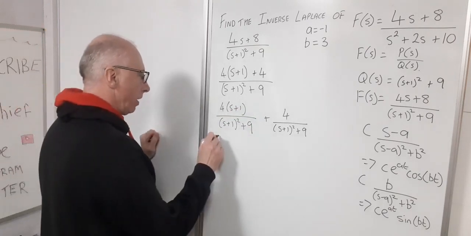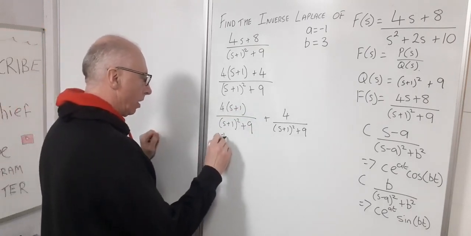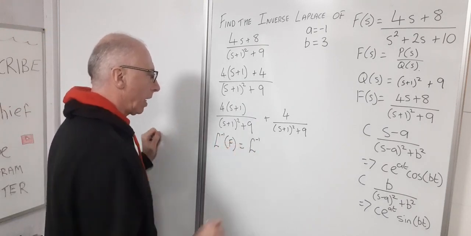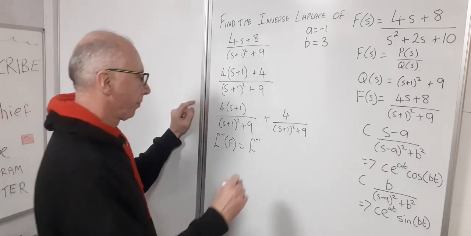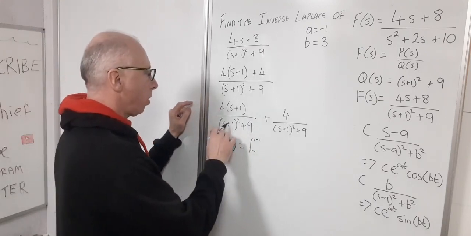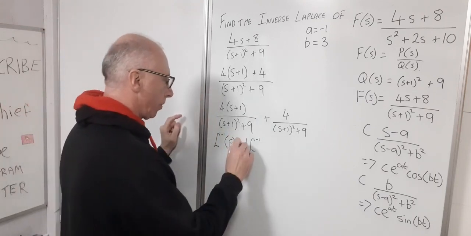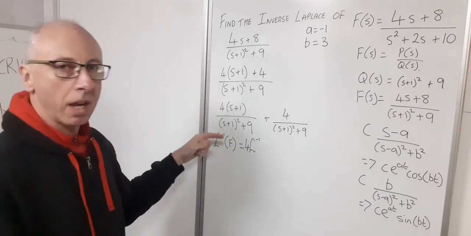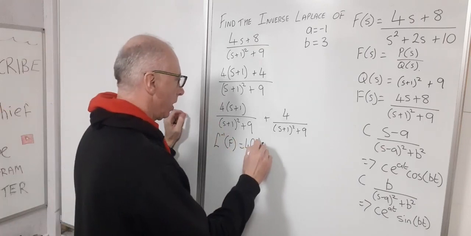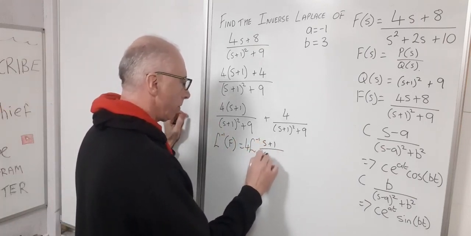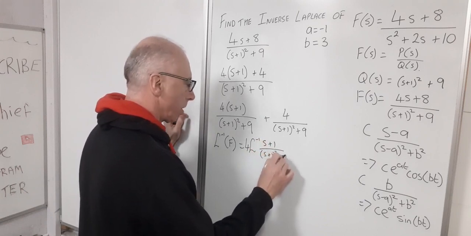So now our inverse Laplace of F equals the inverse Laplace of, let's have a look at this one, 4 times s plus 1 over s plus 1 squared plus 9. So we can bring the 4 out to the front, that's valid, and then leave the rest of the fraction inside the transform, s plus 1 over s plus 1 squared plus 9.